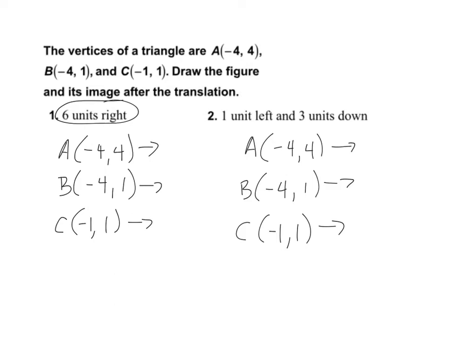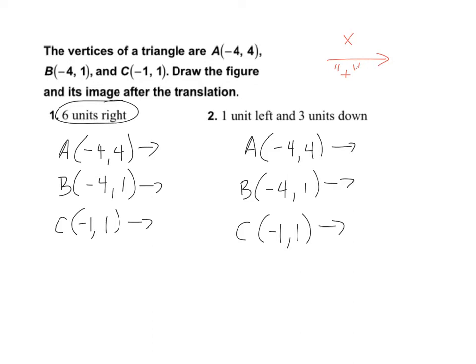Alright, so if we're moving 6 units to the right, is that a change in the x or the y? If we're going 6 units to the right, that means that the x is going to change, and it's moving positively, right? So our x is going to increase by 6.